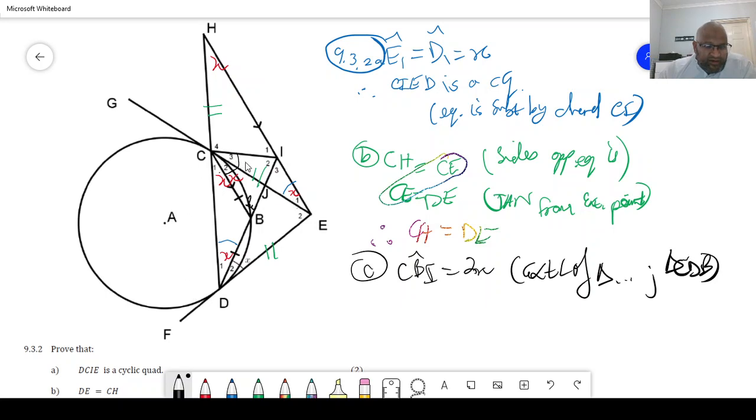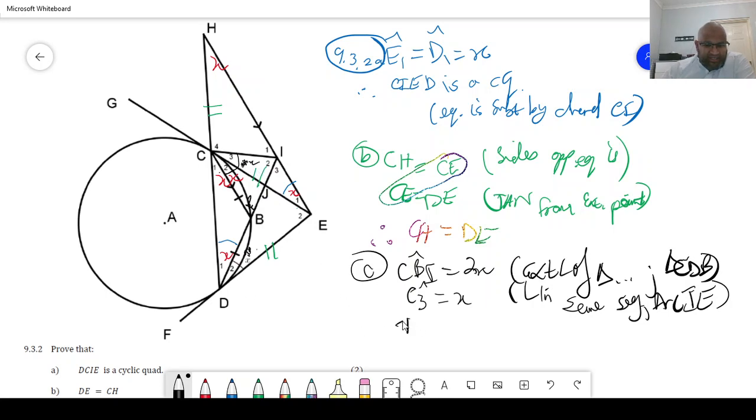So we can say that C3 is equal to D2. Can you see that? Angles in the same segment. So C3 is equal to angle D2, which is equal to x. It's angle in same segment, coming from arc IE. Again, you don't have to mention the arc it's coming from. So there's an x here.